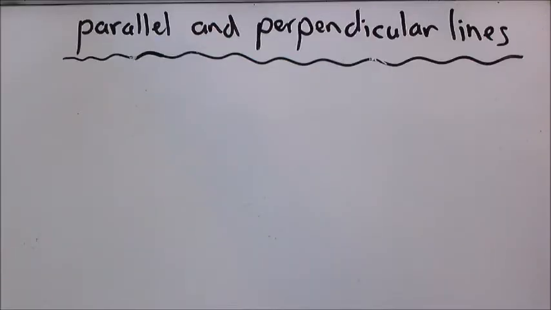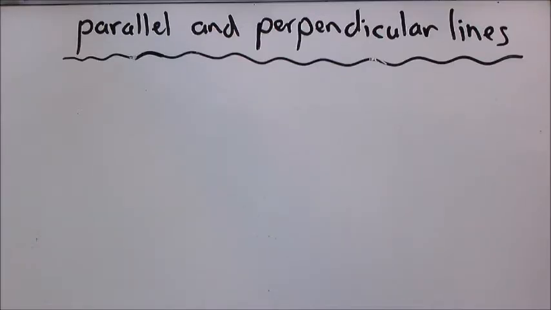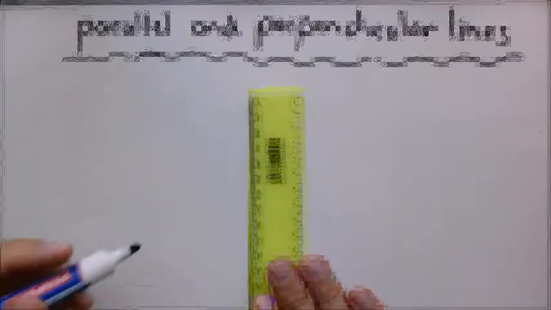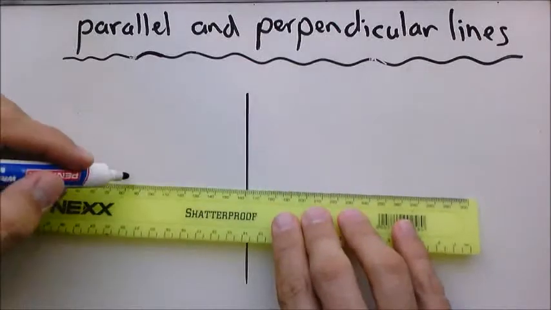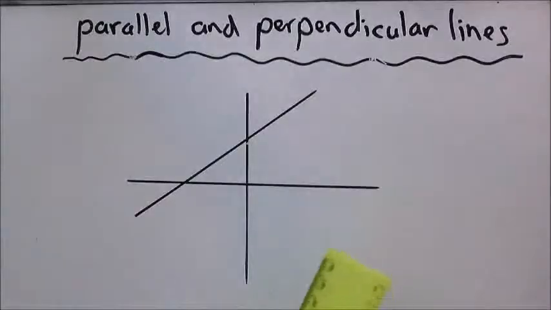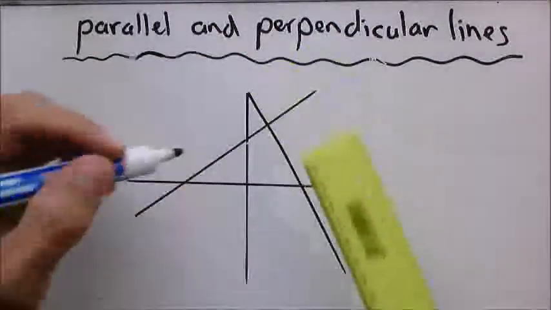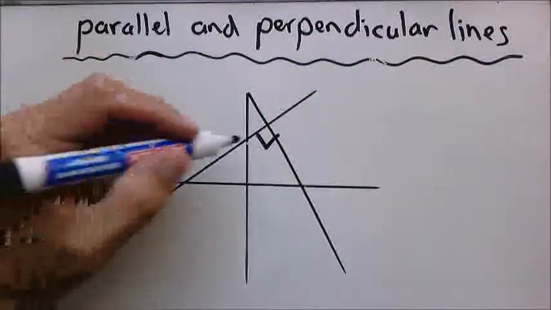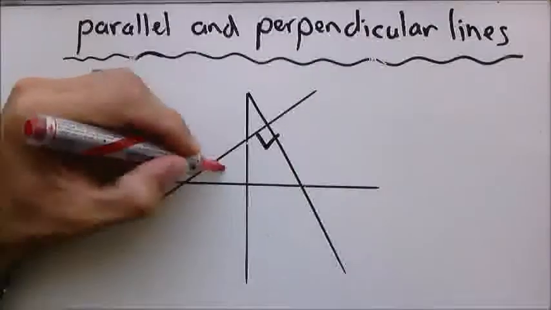Okay, so a perpendicular line will look like this. Let's just redraw our Cartesian plane, and you have a line going like this, and then one that is perpendicular to that line. Okay, so let's say we've got a theta there.